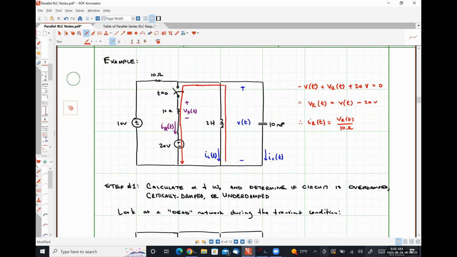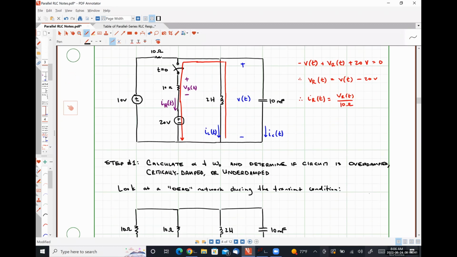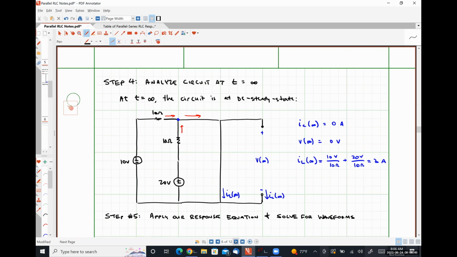And that's why we solve for all three of those quantities. It gives us the most flexibility once we get to this last step. So I'm going to be solving for my voltage V of t as my primary waveform of interest at first.